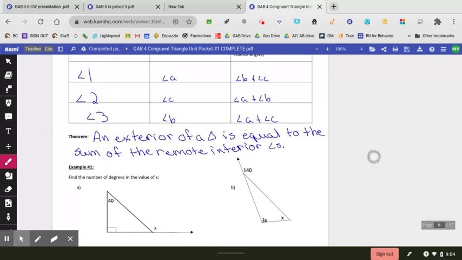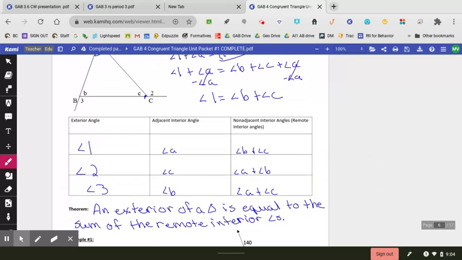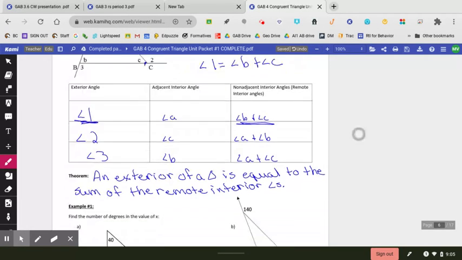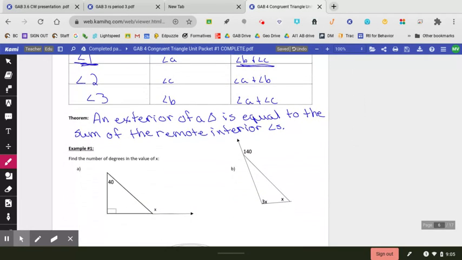So if I look back, I said angle 1 is equal to B plus C. Angle 1 is our exterior angle. Our remote interior angles were B and C. So angle 2 would equal A plus B. Angle 3 would equal A plus C.